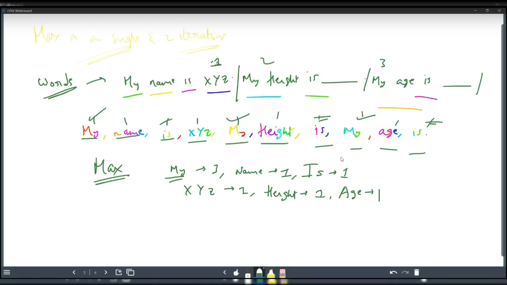Oh, I did not count it, that's why I made a mistake. Is is also repeated 3 times. So in this case, we have two words which are repeated the maximum number of times, 3, and they are my and is.